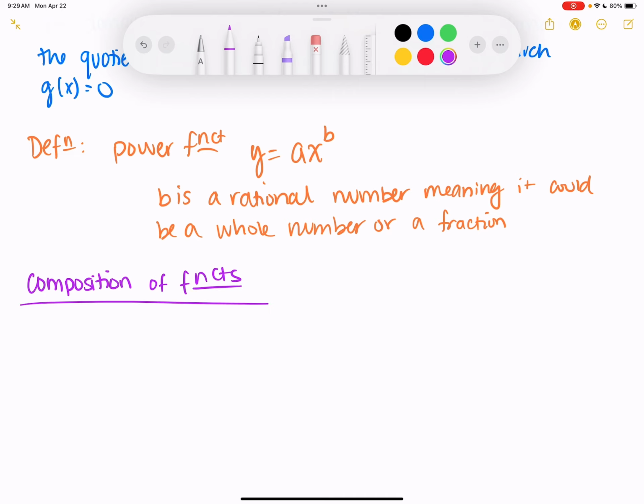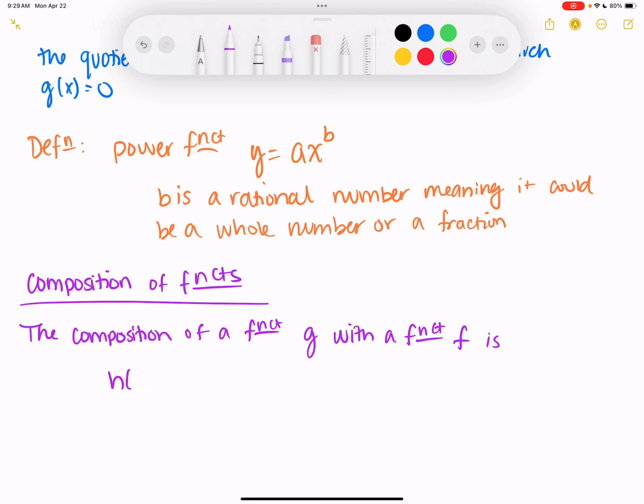The composition of a function g with a function f is h of x is equal to g of f of x.